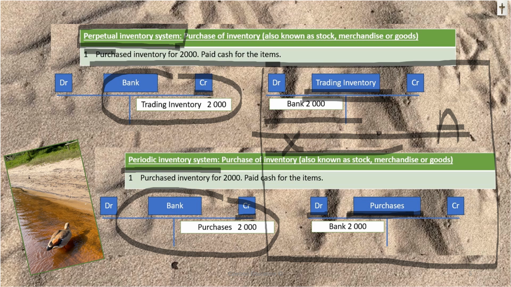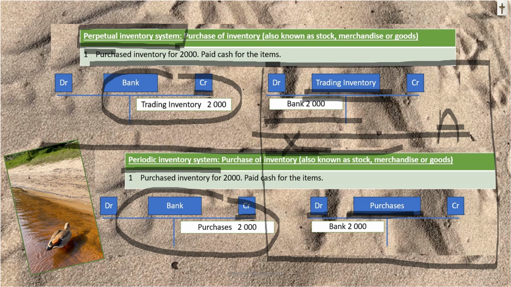But we know there could be theft and things like that. So it's highly unlikely when you do a stock take that the balance of trading inventory in our books will be the same as the stock take balance.